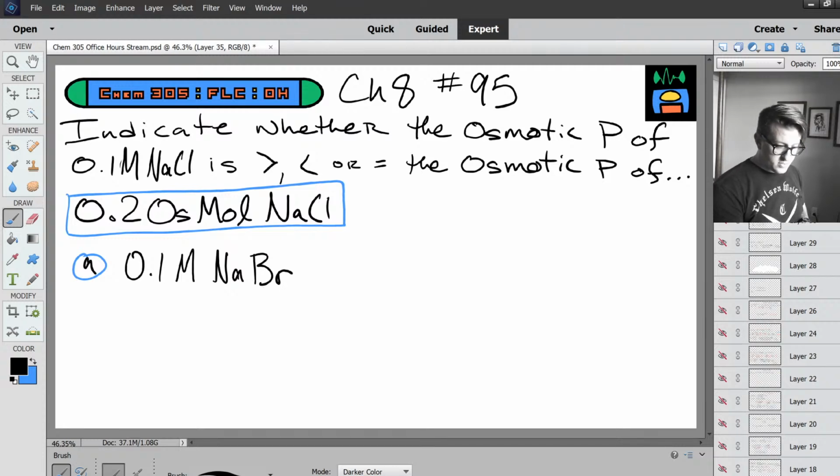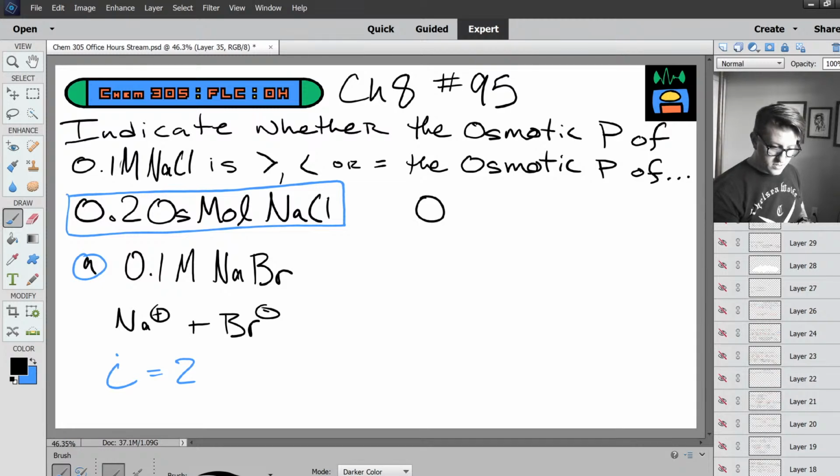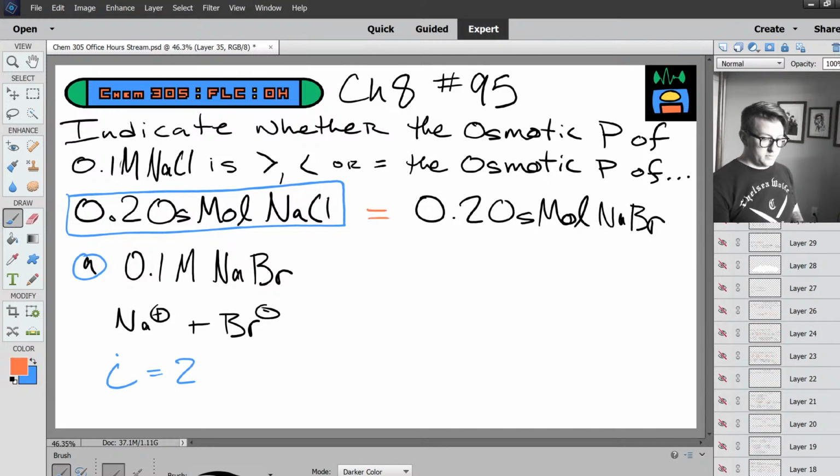Again here, sodium bromide breaks up into sodium plus bromide, so our value for i is 2. So for part A we have 0.2 osmolarity of NaBr. So these two have equal osmotic pressure. They're the same.